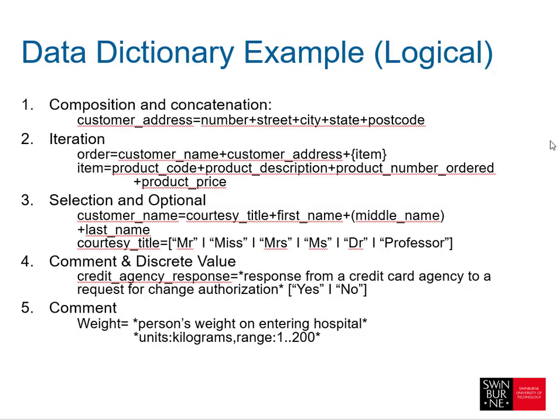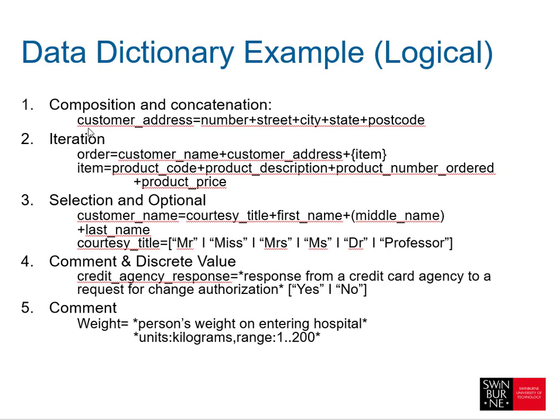Right, so this example shows you how to define your data flows, or logical data flows. Now example number one is an example of a composition and concatenation. Customer address, right?